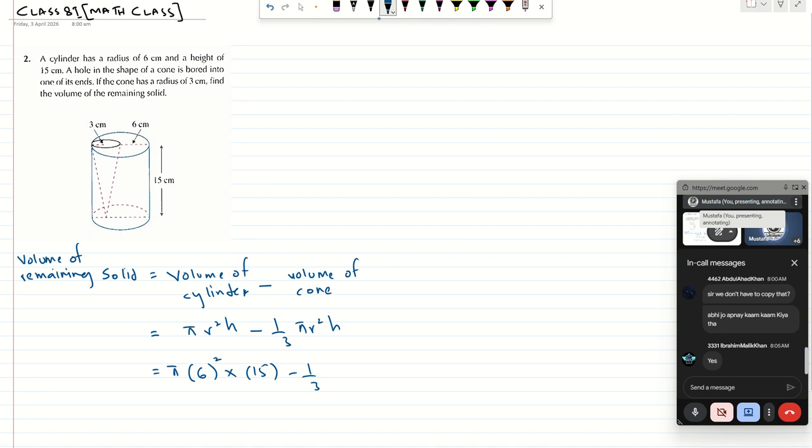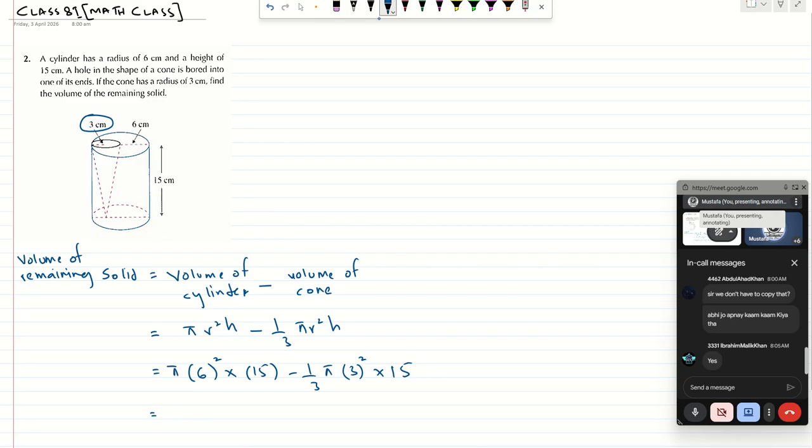Then again 1/3 pi, in place of r you can write 3, because the radius of cone is 3, multiply by h. H is the height, 15. Now solve it.